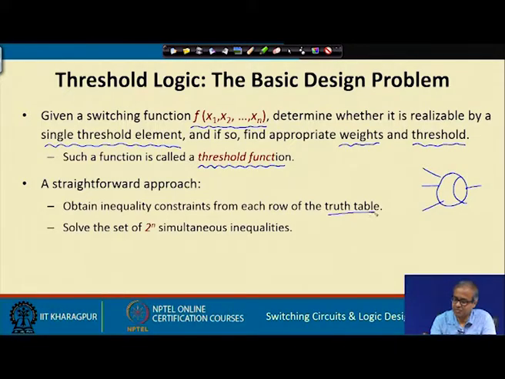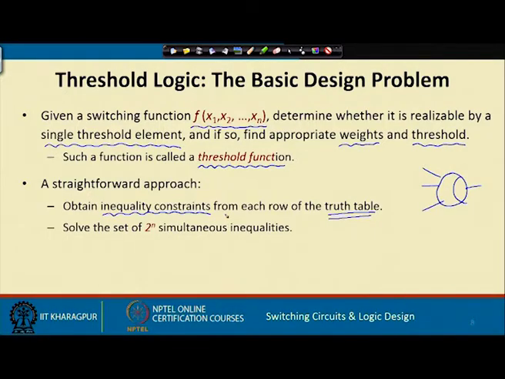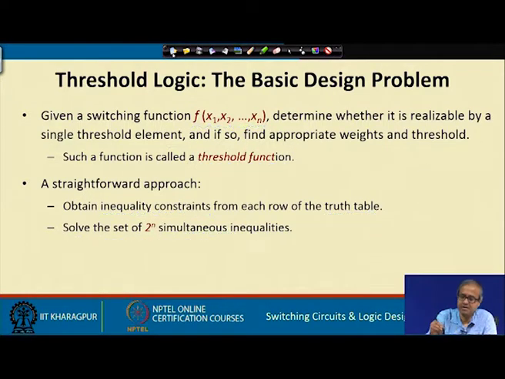We construct the truth table, and from every row of the truth table we obtain some inequality constraints. We shall see how. We will have 2 to the power n such constraints, because there are 2 to the power n rows in the truth table. So, we will have to solve those 2 to the power n inequalities at the end. This is the basic idea.